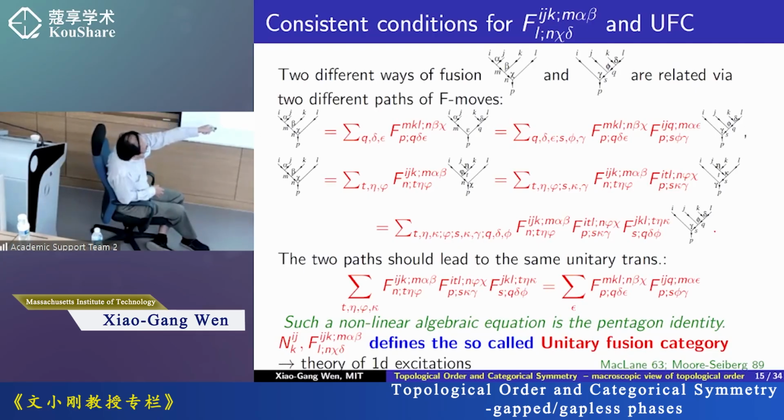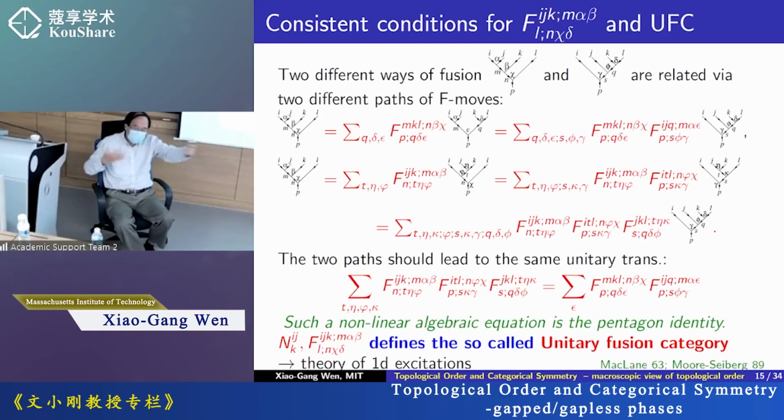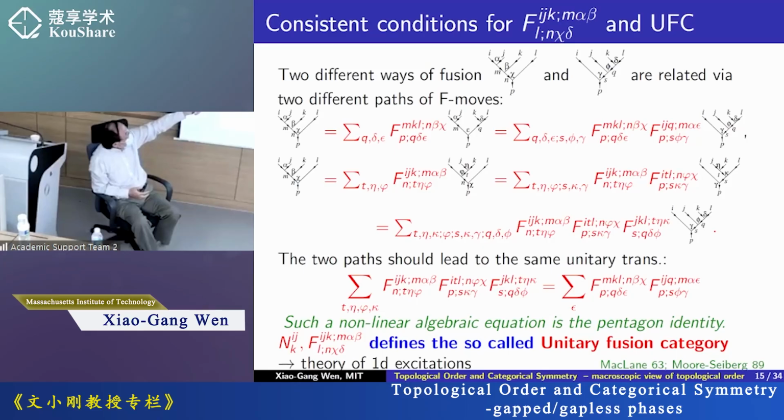We can switch in J first, so J first, fuse to the right, left, then we fuse to the right, then we can switch in this T, and so on. Here we need to take 3 steps, so we have 3 F symbols to go from here to here. But the first path is 2 steps, 2 F symbols. These are just 2 different ways to express the same unitary relation between this choice of basis and that choice of basis, so we should get the same results.